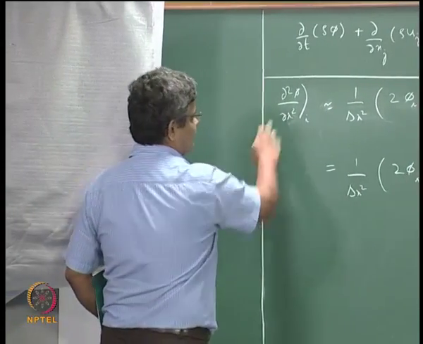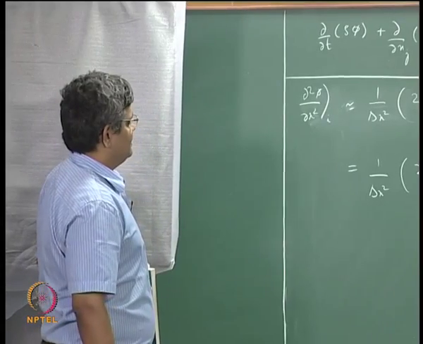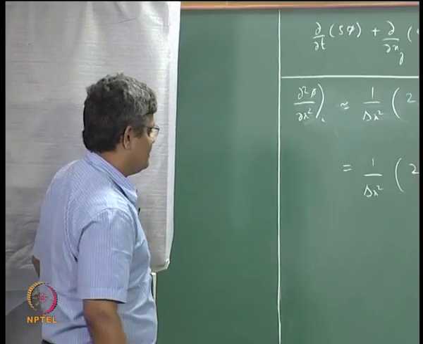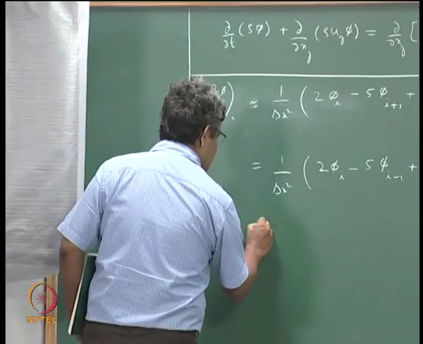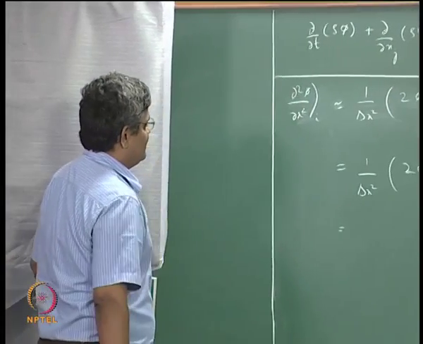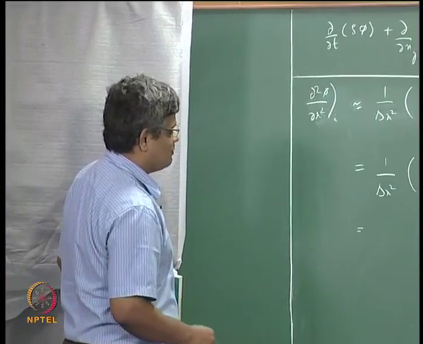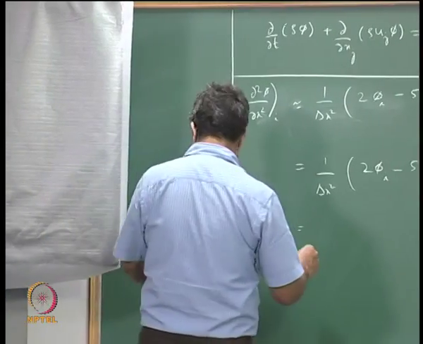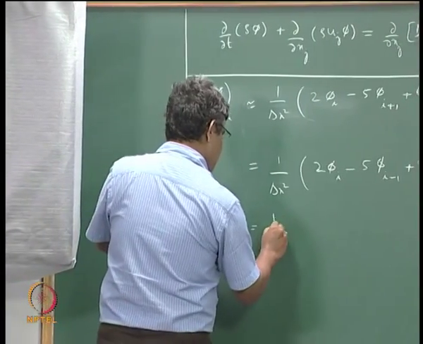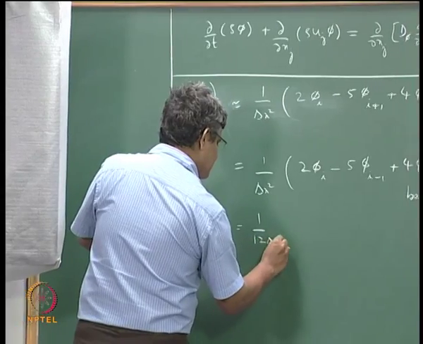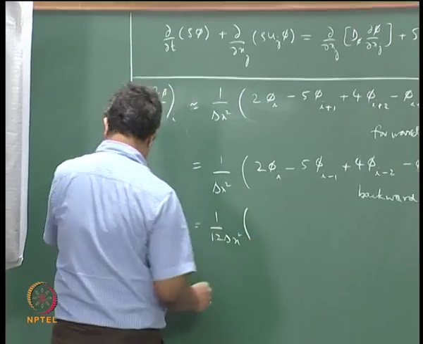Both of these are for the second derivative, and for good measure we can also write an approximation which is fourth order accurate, just to see what kind of structure it has.